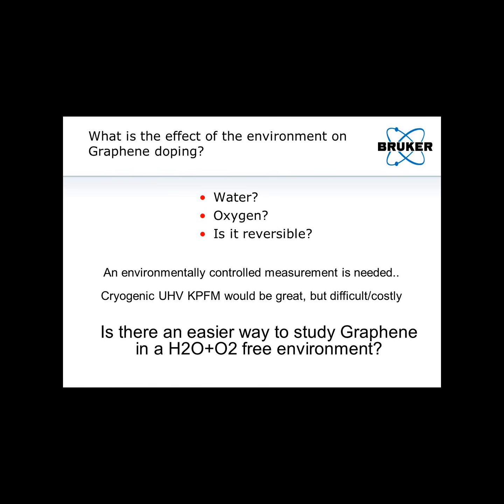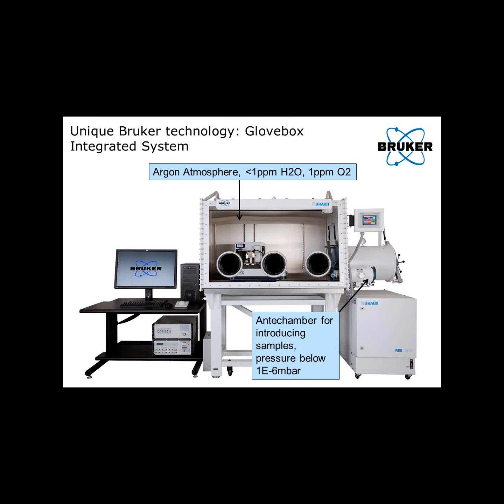And we have an alternative which can get you results that are very close to what you would achieve in such an environment. The alternative that we can offer is the GloveBox Integrated System, which I'm showing here. It has an argon atmosphere, and this basically gets rid of the water and oxygen that could dope your graphene sample and create some kind of contamination.